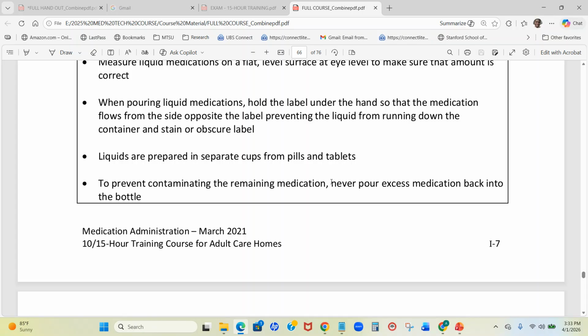You want to make sure that you are not pouring it from where the label is, because there is a probability that some can drip from the tip and go to where the label is, and it can obscure the reading. That's why you have to pour it from the opposite side of the tip of the bottle.